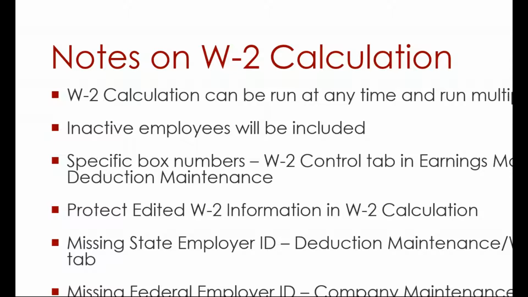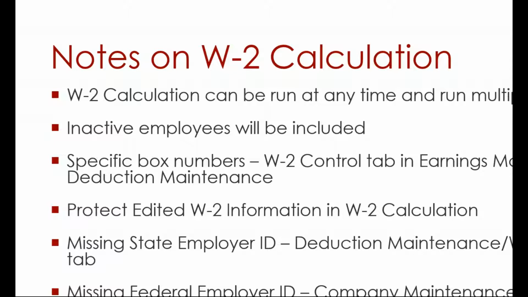So again, remember, if the calendar year has been closed, it's necessary to use the deduction history screen versus deduction maintenance to access and modify the record for the prior year in order for that to impact your 2018 W-2s.